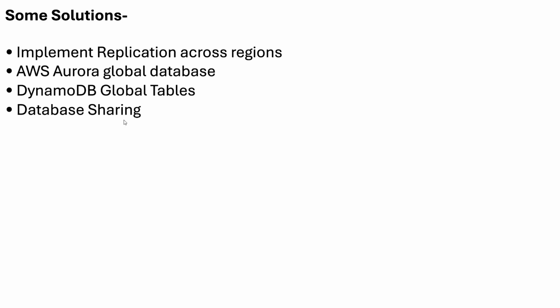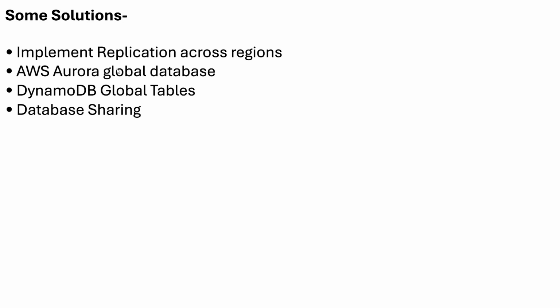To implement replication across regions, you will use something like AWS Aurora Global Database. There is an AWS service called AWS Aurora Global Database. With that, you can have multiple replicas across these regions. If you have static data, you can store it in an S3 bucket as a replica or backup.